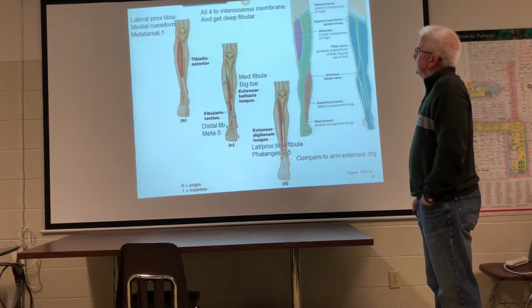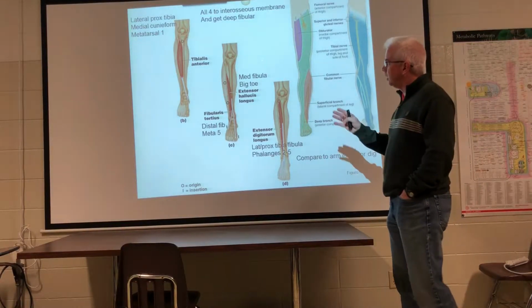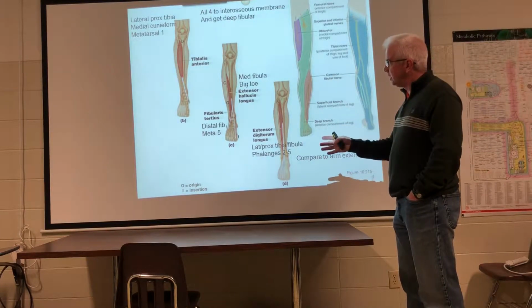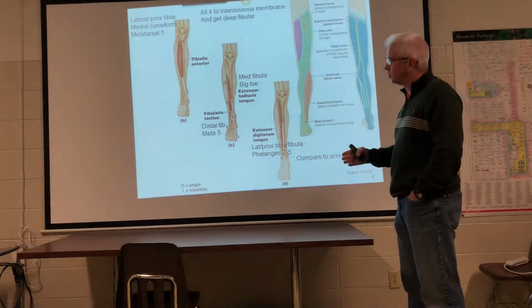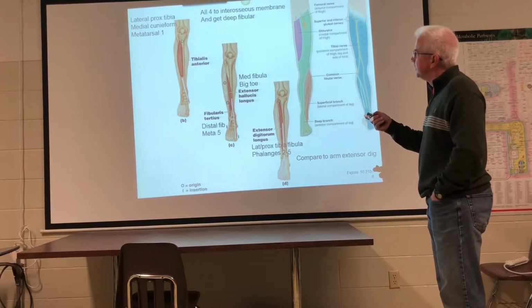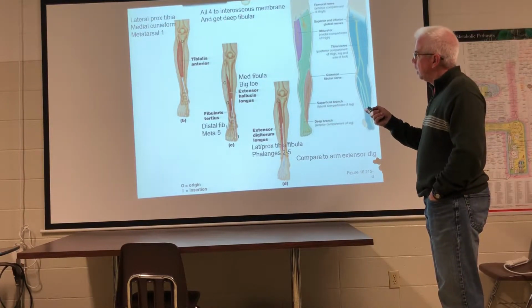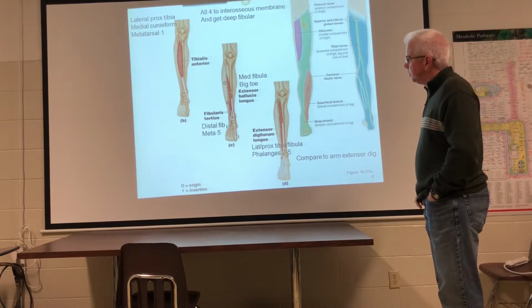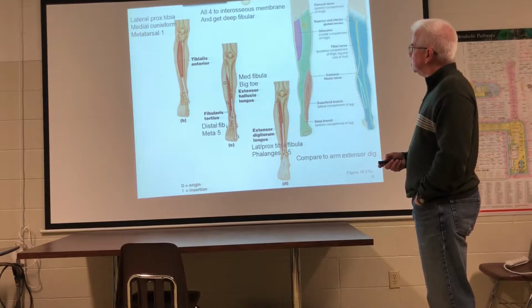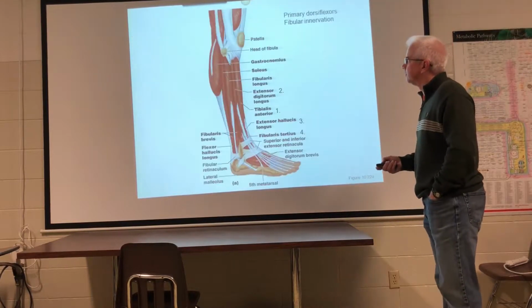All right, so learn the order of the muscles, learn the proximal attachments that will take you across this thing, and the last thing to pay special attention to is these guys all get innervation from the fibular nerve. So if I think about the fibular nerve, this is deep, but it comes off the common.